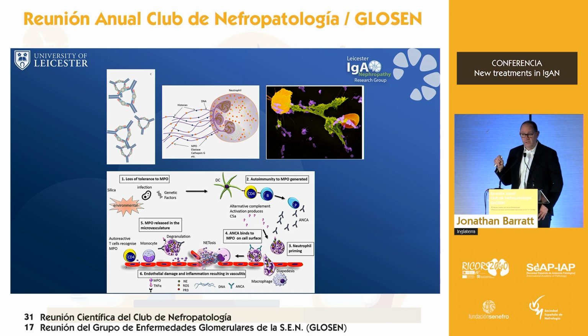And so what we're doing at the moment, we have a whole series of IgA immune complexes from people with IgA nephropathy, from IgA vasculitis, in relapse and in remission, and we are going to look at the protein composition of those immune complexes to see if we can relate what it is about those immune complexes that interacts with neutrophils in IgA vasculitis that then drives this process.